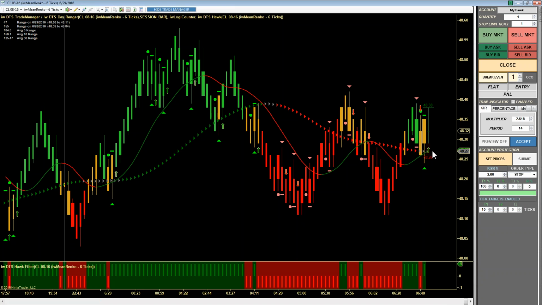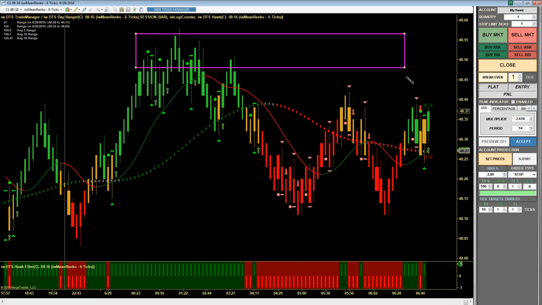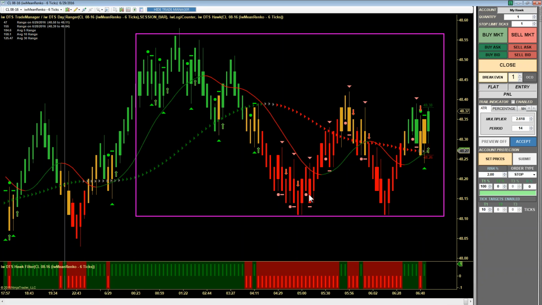Why is that important? Well, a lot of times people don't realize the market is trendless and they end up trying to trade it anyway. When the market is trendless, it's almost impossible to trade. The only real way to trade a trendless market is to buy near the low or the bottom end of the trading range, sell near the top end of the trading range, and just try to grab a couple of ticks here and there.